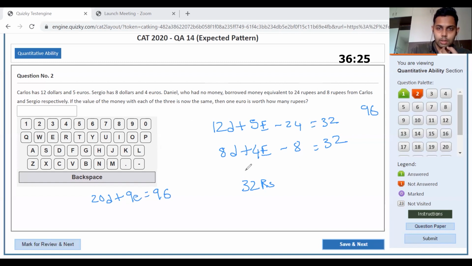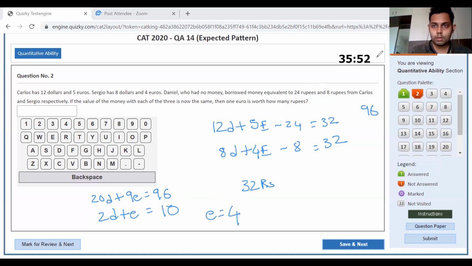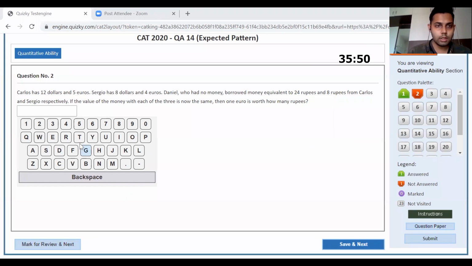If I just move this, 8 divided by 4, so it will be 2D plus E is equal to 10, right? And if I just make it 10 times, so E into 10, if I just multiply this, will be 20, 10 and 100. So 10 minus 9 is E, 90 minus 100 is 4. So 1 euro is worth 4 rupees. No issues. Easy question again.